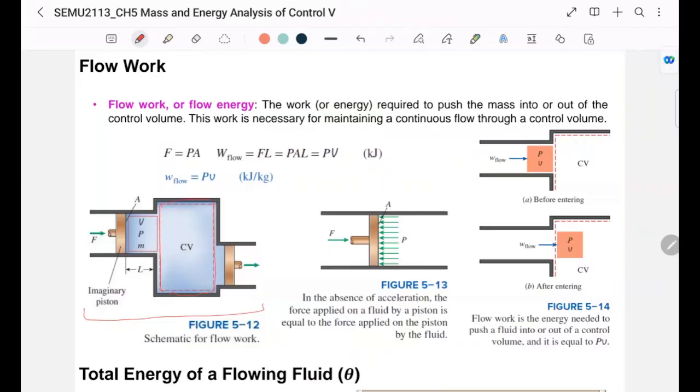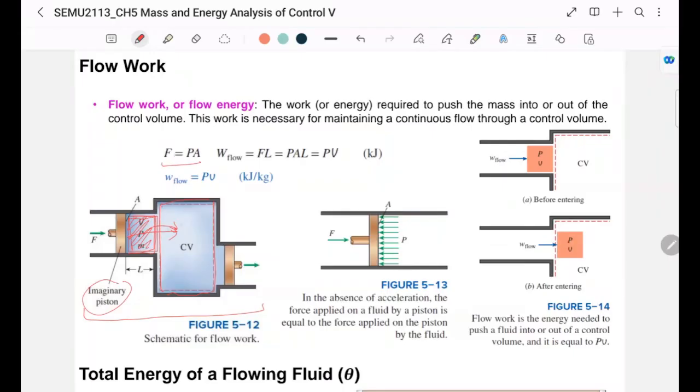When the flow goes in, it's almost like there is an imaginary piston pressing another volume of air into your existing control volume. And that's where the work actually happens, because it's literally like pushing a new amount of fluid into your existing control volume.